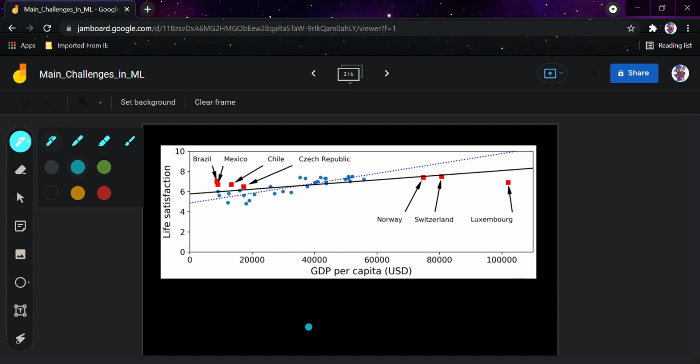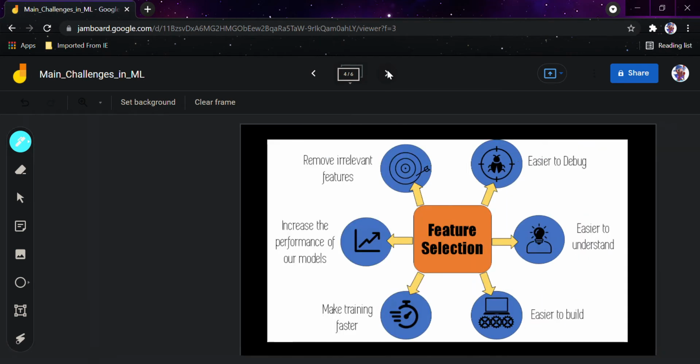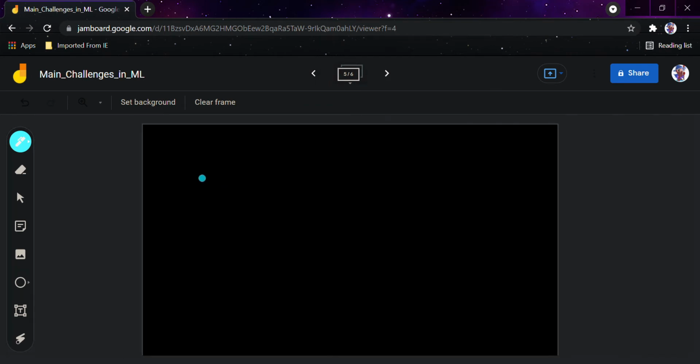In order to generalize well, it is crucial that your training data is representative of the new cases you want to generalize. There should not be any bias in the training data. You can see here that the bias caused by any particular data has led to non-representative training data. So I will give you a very famous example.